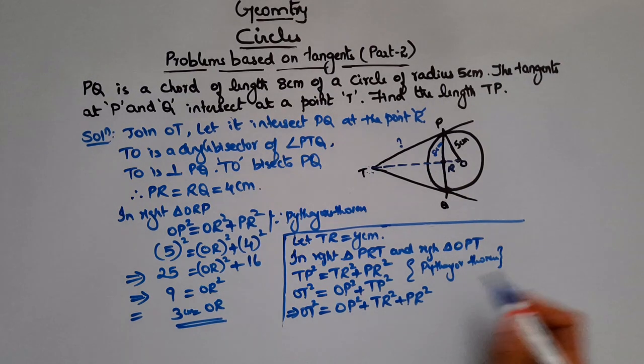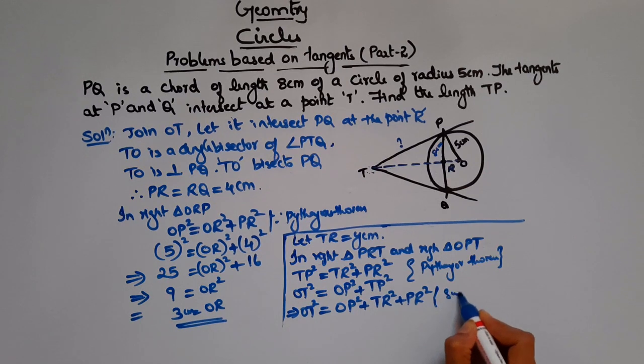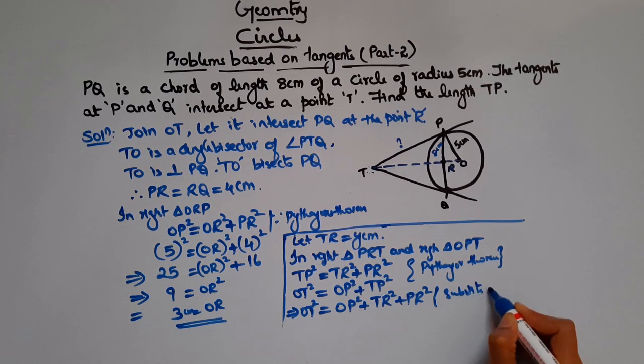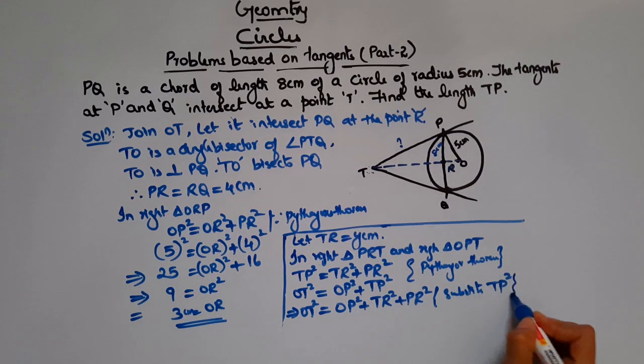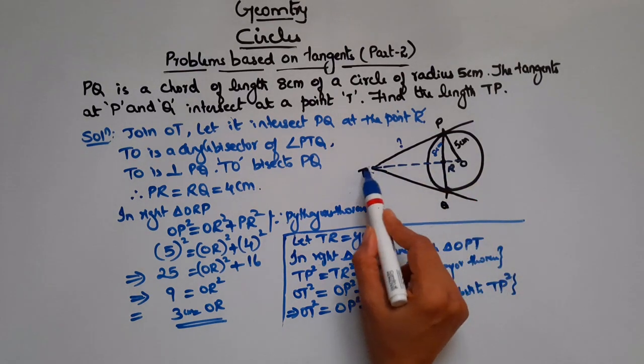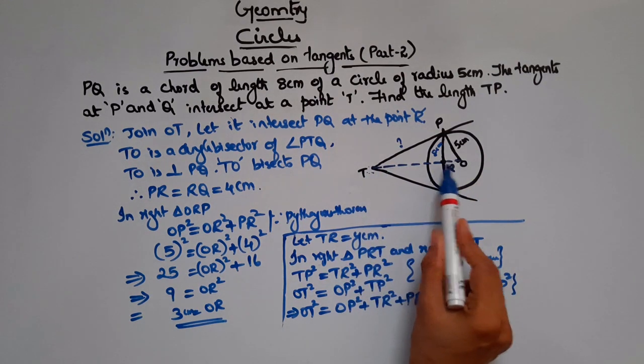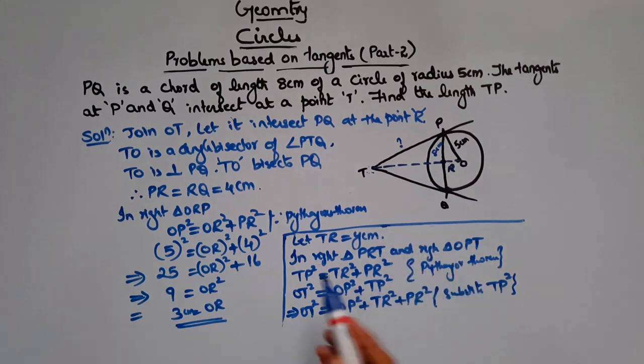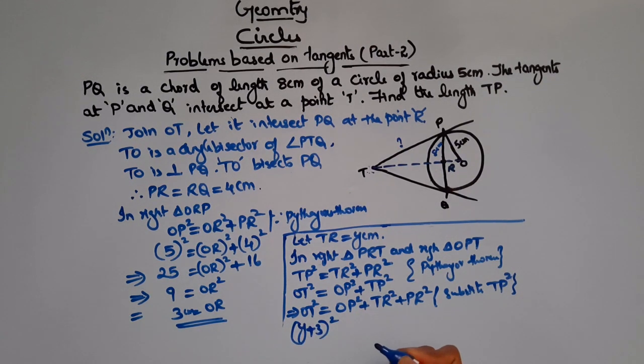By Pythagoras theorem, here we have substituted the value of TP square. Now what is OT? OT is nothing but TR plus OR, right? We know TR is Y, plus OR, which we got as 3. So Y plus 3 the whole square is equal to, what is OP?